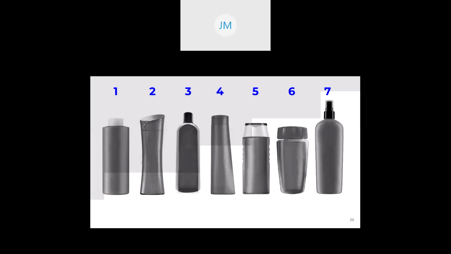Yeah, I got 5 and 7. Anyone else? 2. Two, okay. And anyone else? Second. Okay. So even if you can't tell me, just remember the choice that you've made in this, right? Now I'm going to go to the next slide.